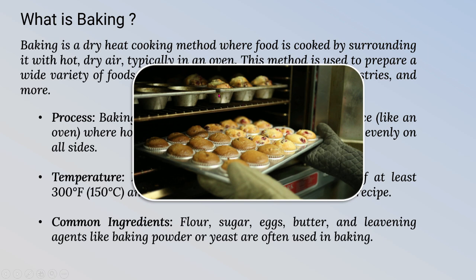You have the trays in the different racks which are getting baked inside. Once it is baked, you are going to take it out. You can see that the hand is covered with oven proof gloves so that your hand is not by chance getting damaged. There is a way of working with the oven. So that is the concept of baking.